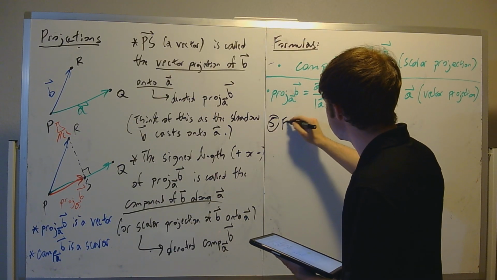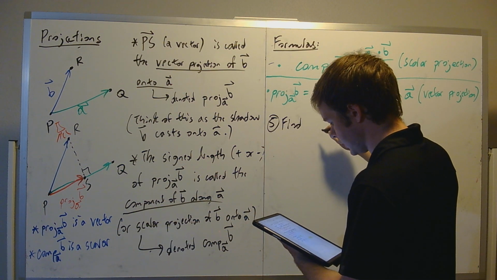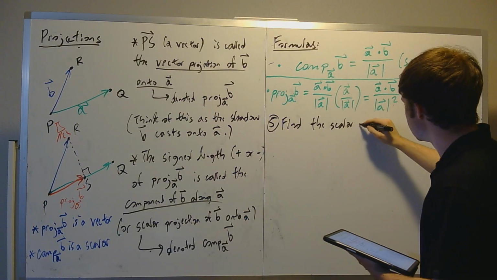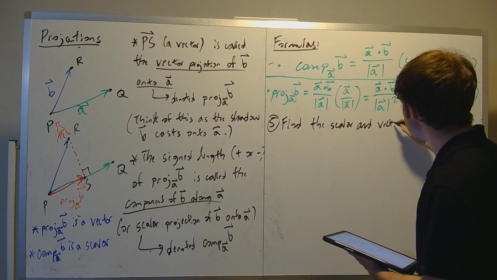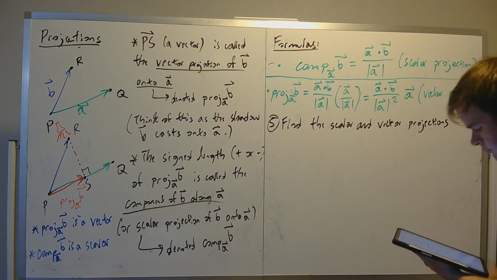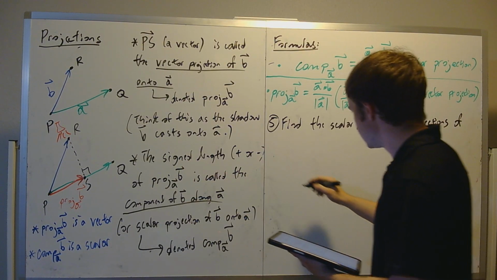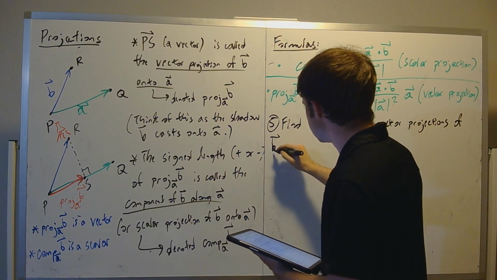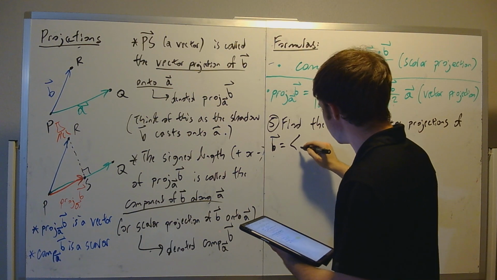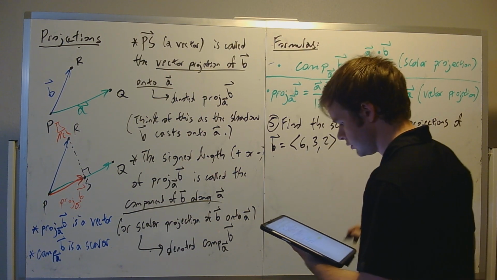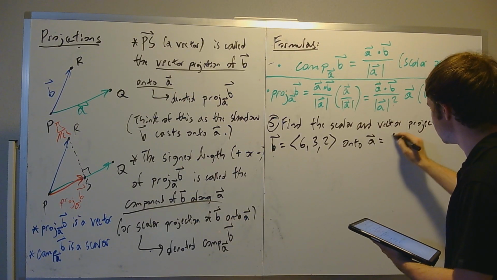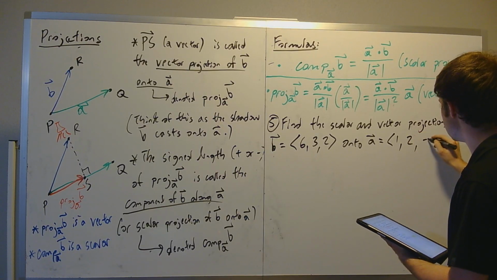Find the scalar and vector projections of B equals 6, 3, and 2 onto A equals 1, 2, and negative 2.